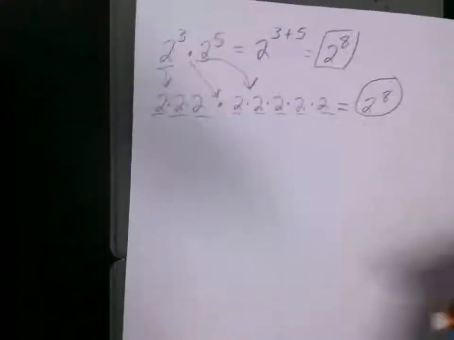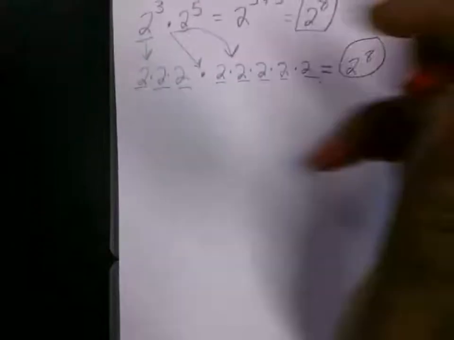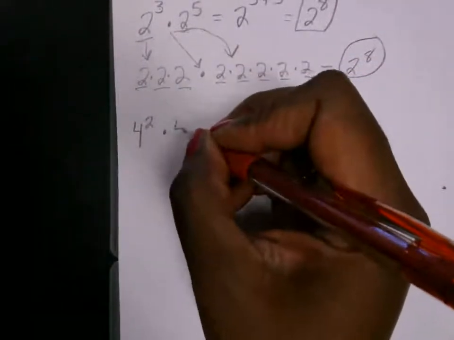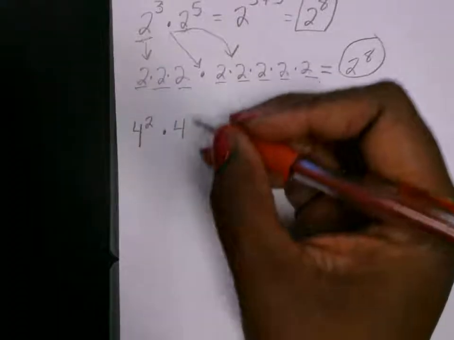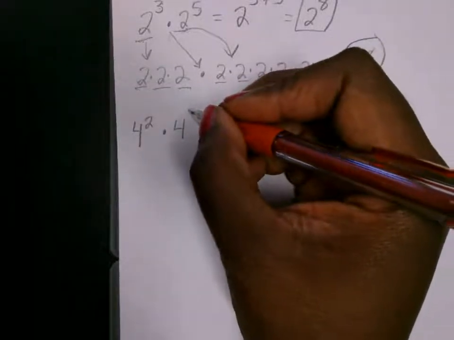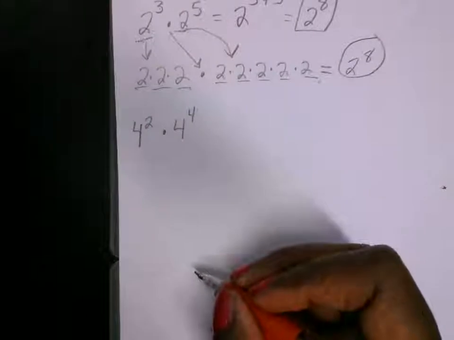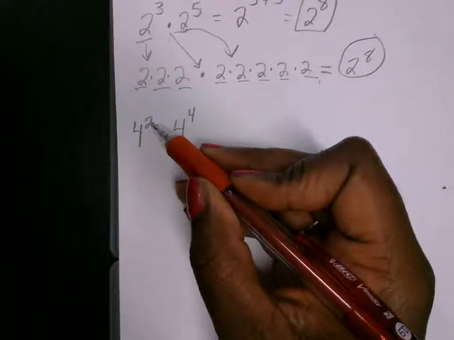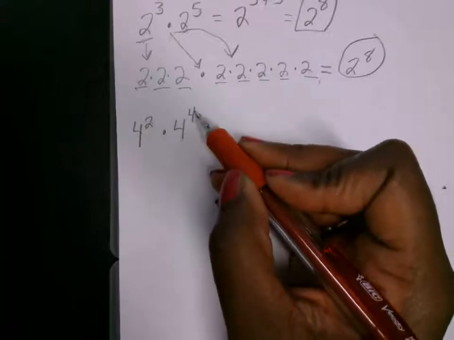I'm going to do one more. Let's suppose we got 4 to the 2nd power times 4 to the 4th power. Okay? That means 4 is being multiplied 2 times here. 4 is being multiplied 4 times here.